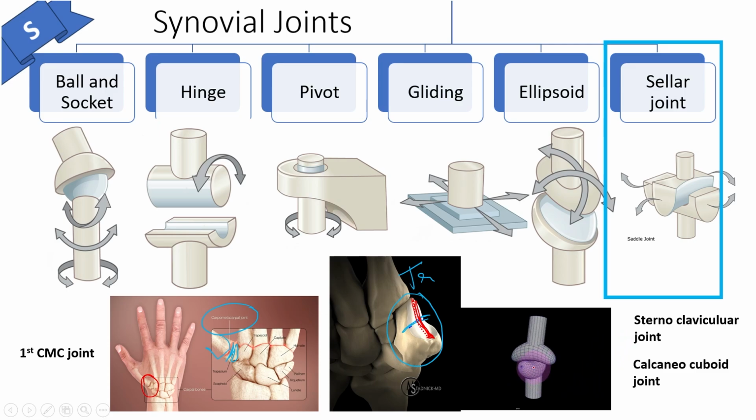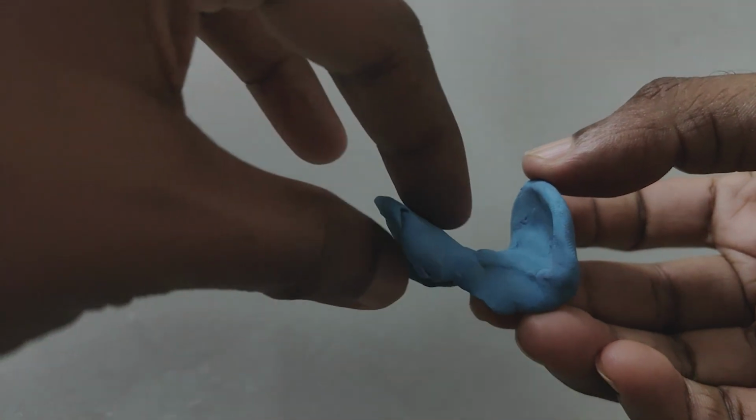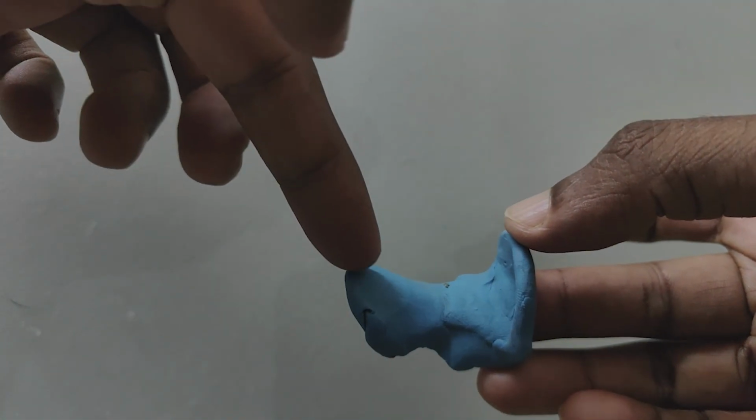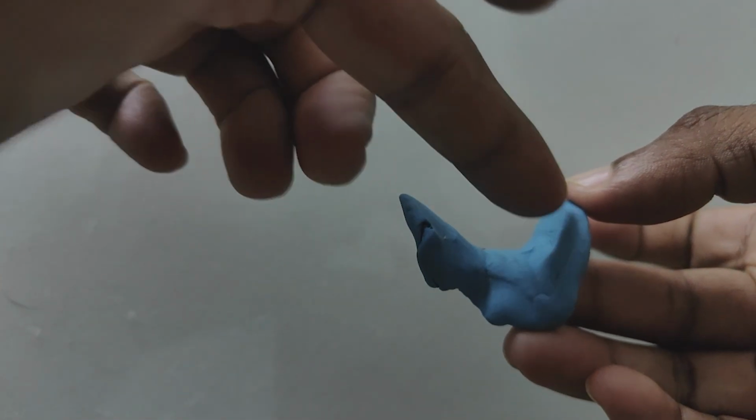Now, if you look at this profile, the surface is concave in one axis and convex on the other axis. So that is what it means. On one surface itself, you have a concave surface and a convex surface. This is one sellar surface. You can see that in this plane it is concave, correct?